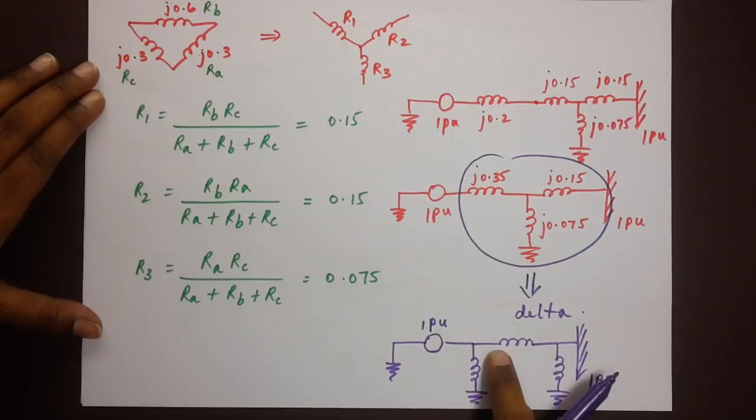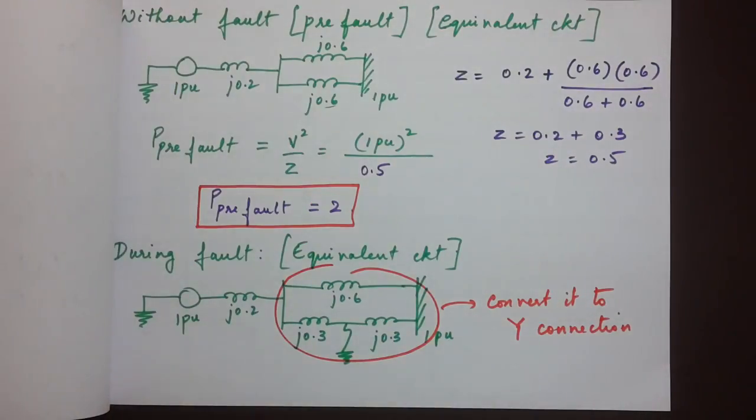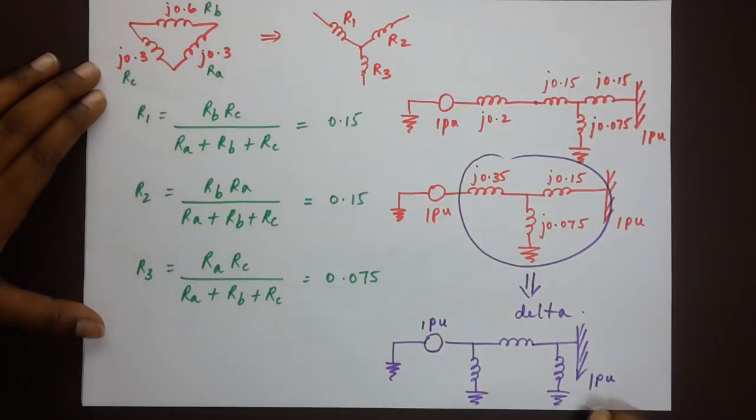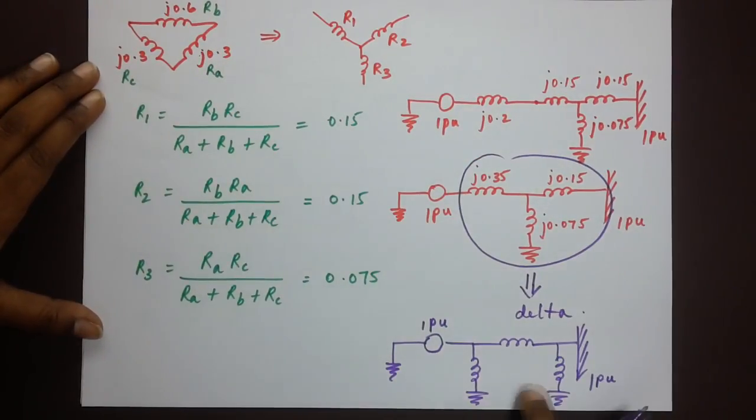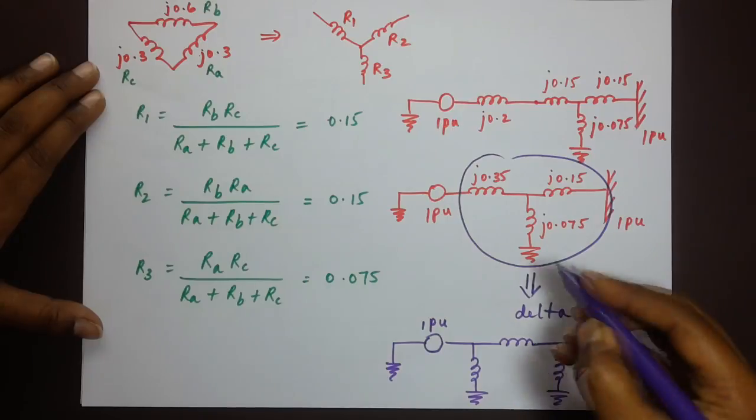So the remaining impedance is what we have to use to calculate the maximum power that passes through that point. Since we don't have that in the first equivalent circuit, we have to resolve it as much as possible to get it into pi form. That's the ultimate aim here.